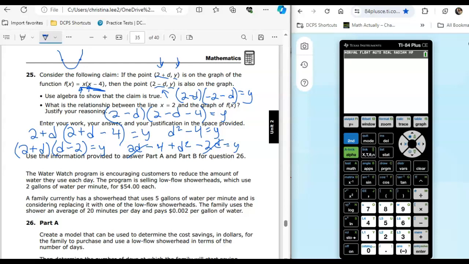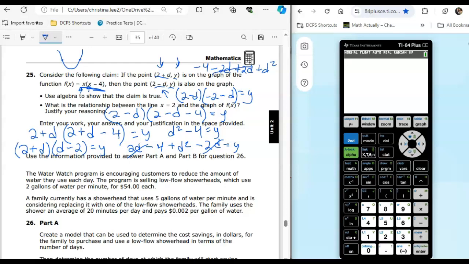So first is 2 times negative 2 is negative 4. Outer, 2 times negative d is negative 2d. Inside, negative d times negative 2 is positive 2d. And then last, negative d times negative d is positive d squared. Now, negative 2d and positive 2d cancel out.